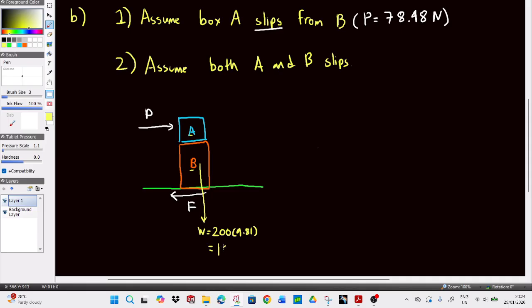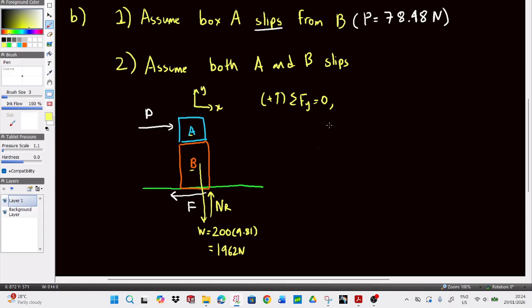So it's 1962 newtons. Okay, so of course that means you'll have your normal force NR, right? So that means for your Fy, summation of Fy equals 0. Okay, remember that your x positive is to the right, y positive is upwards.